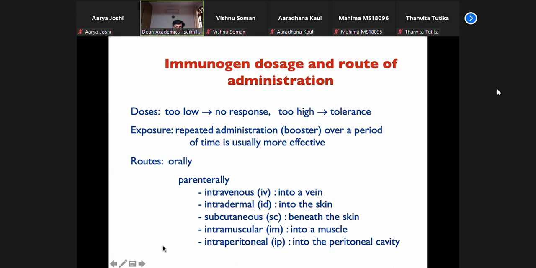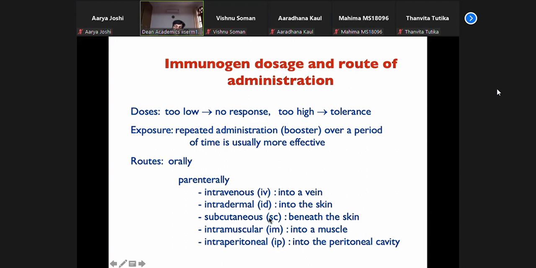These are different routes you can use. Intradermal is always better. Subcutaneous is always better. Intramuscular is all right. IP and intravenous, you inject rarely. But orally you don't, if you want to generate a good immune response.